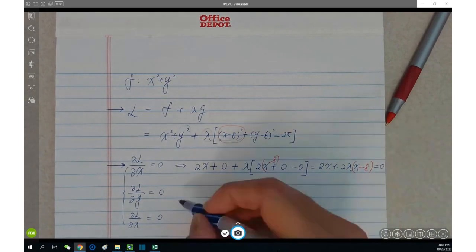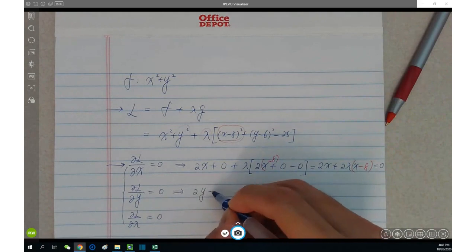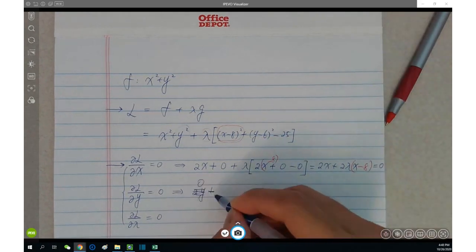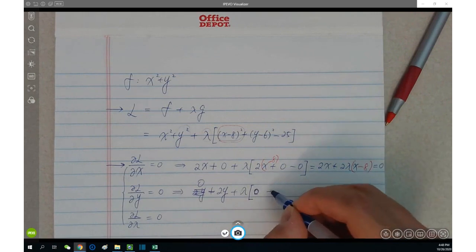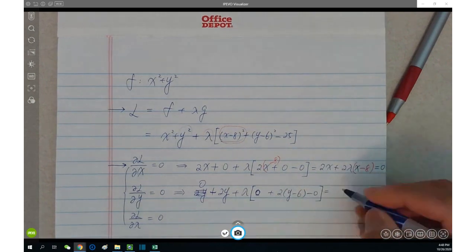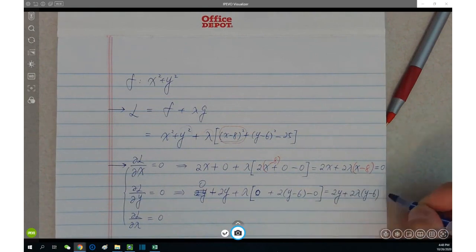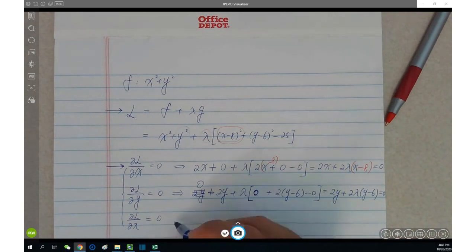And similarly for y, it is pretty much 0 plus 2y plus lambda times parentheses 0 plus 2y minus 6 minus 0. So what you got is 2y plus 2 lambda times y minus 6 equals 0. And the last one is fairly easy.